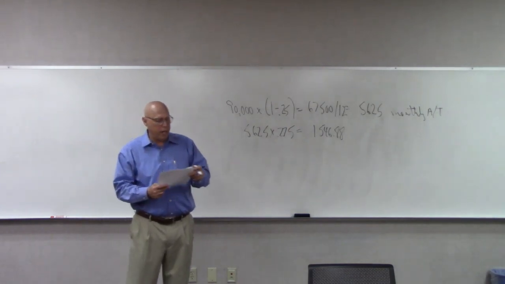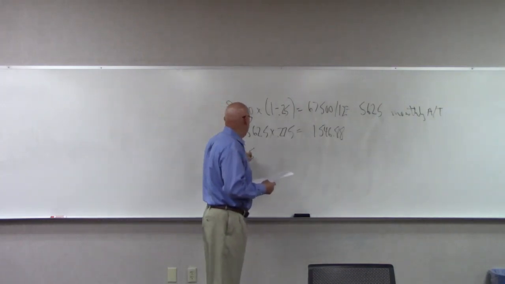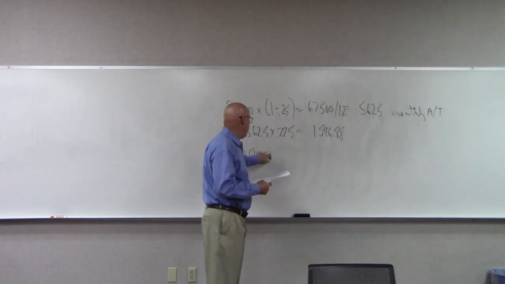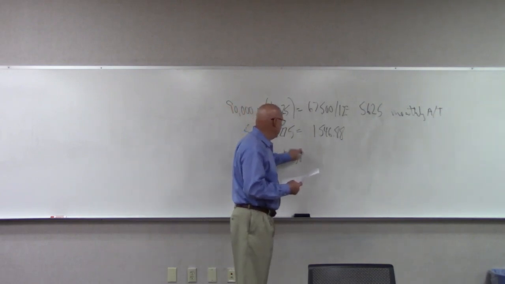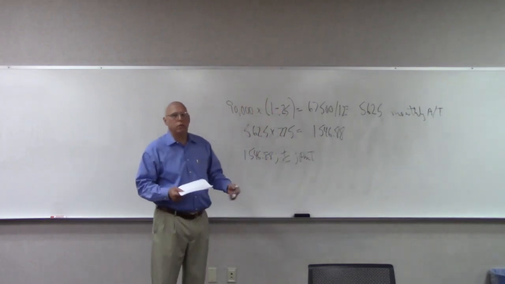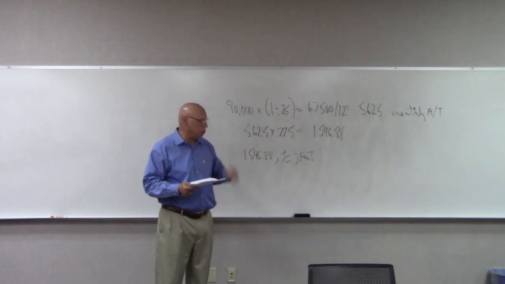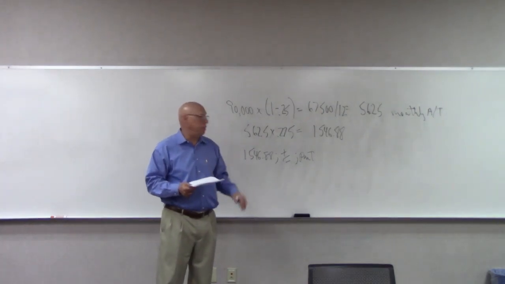How much will the bank loan them? Okay, so 1546.88 is the payment that they're going to make. So a loan balance is the present value of expected future cash flows. It's the present value of the payments.